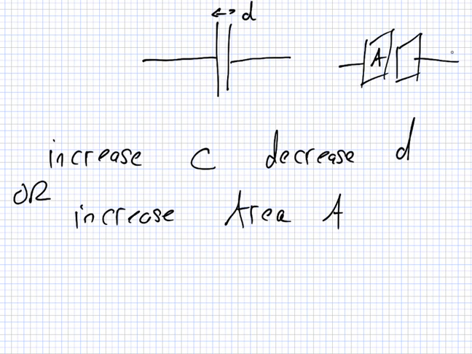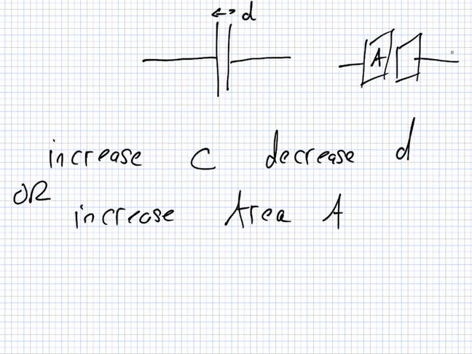No, the distance needs to be smaller to make the capacitance bigger. Yes, yeah, the material as well. I think I don't think it matters too much once you're using some good conductor like copper. Yeah?